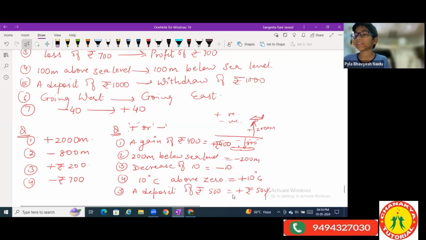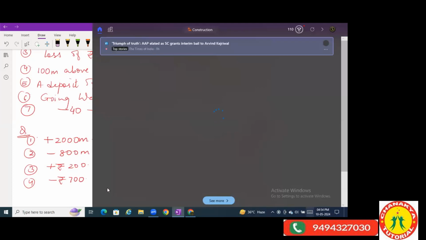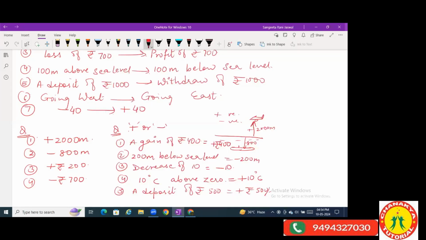Ma'am, rupees and that number symbol. No, it's a deposit of rupees 500. So a deposit of rupees 500 means the sign will be plus rupees 500.